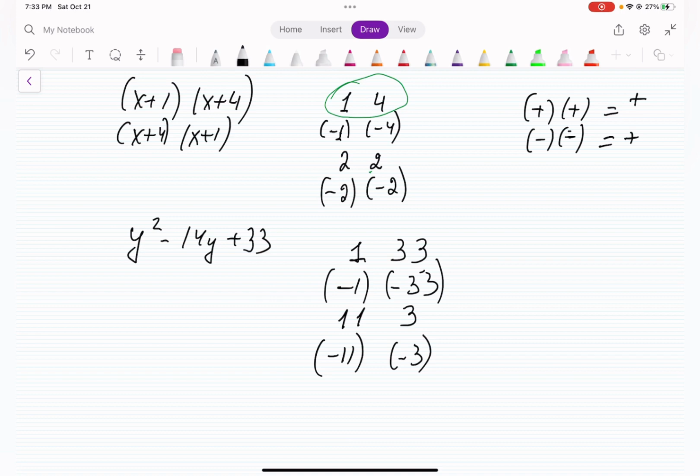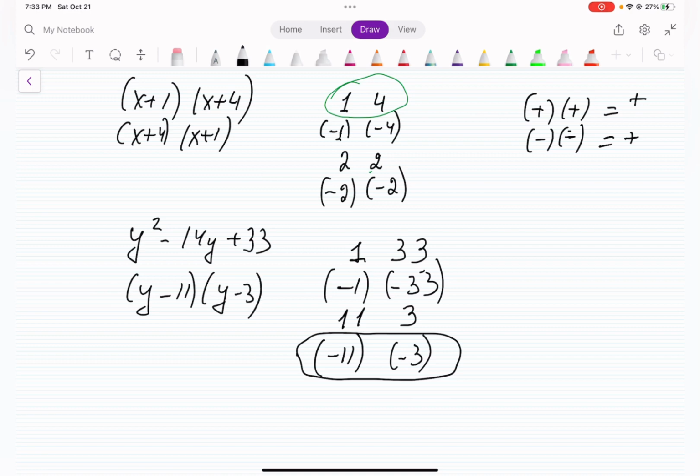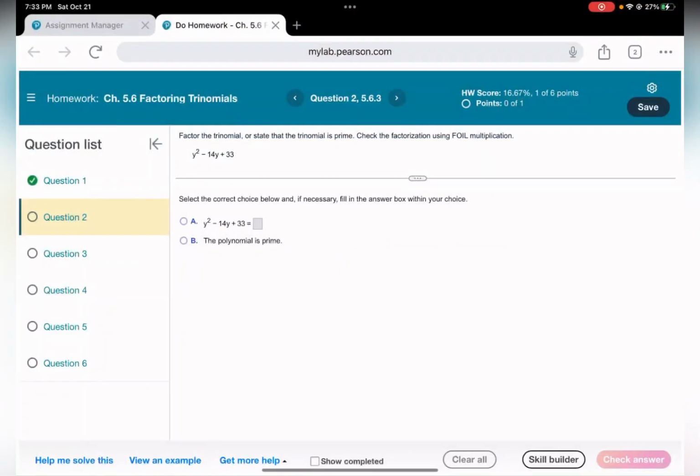So which pair will give us -14? It's going to be -11 and -3, right? Therefore, we will have y minus 11, y minus 3, or vice versa, y minus 3, y minus 11. Okay, let's put the answer.